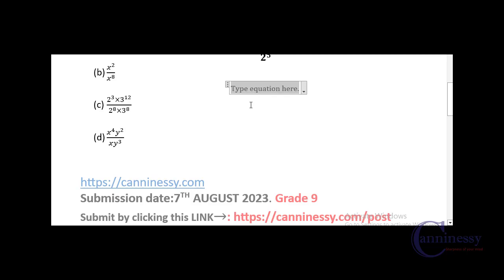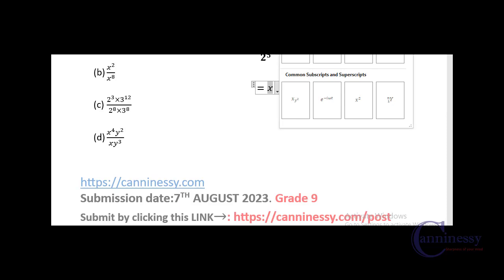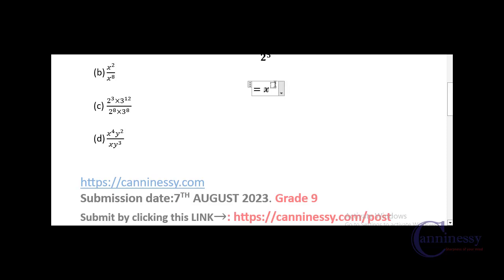So it's going to be, we take a single base, x, to the power 2 minus 8.